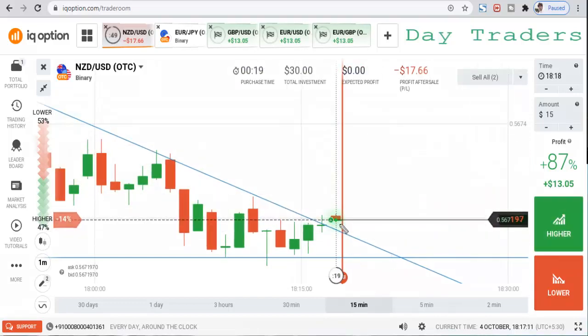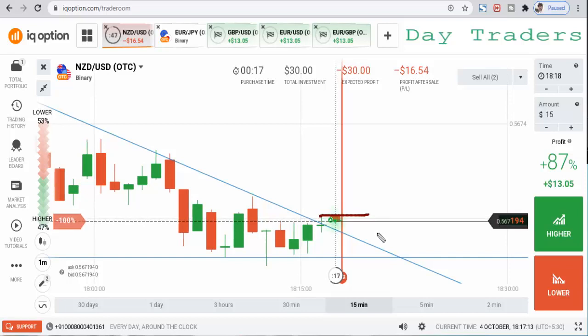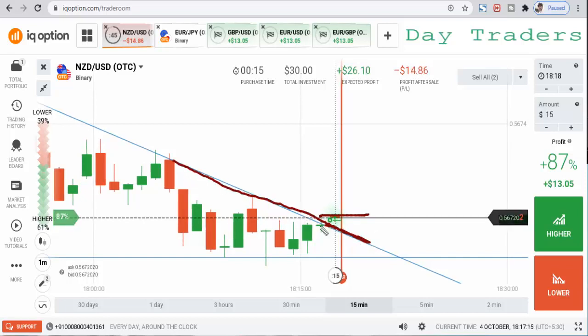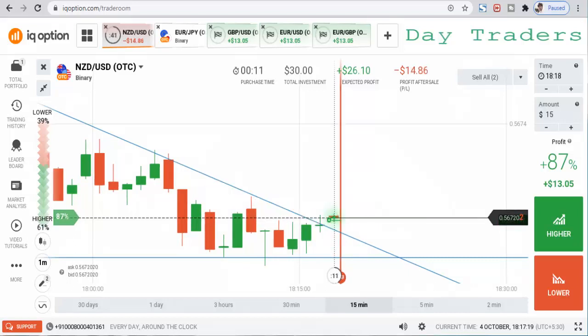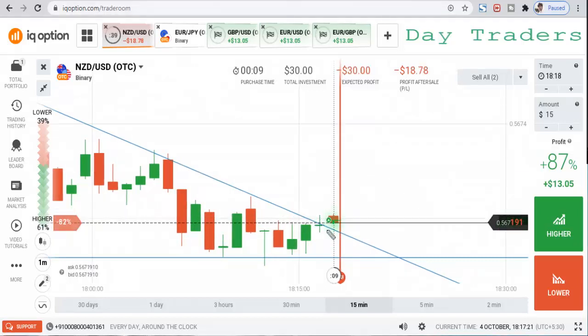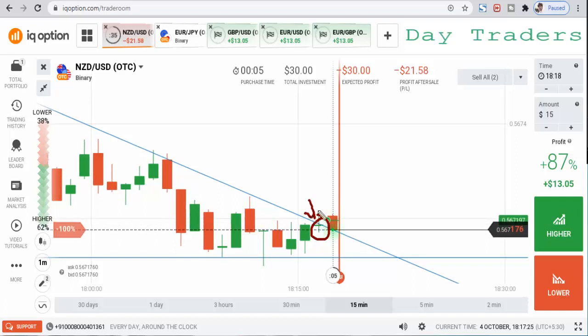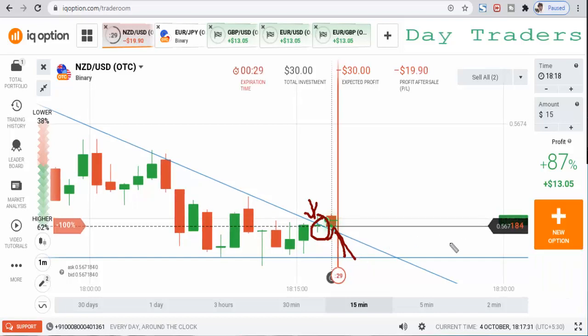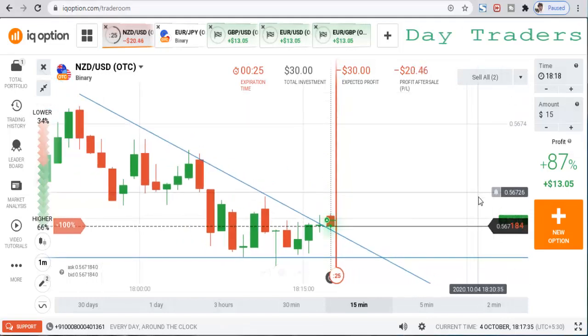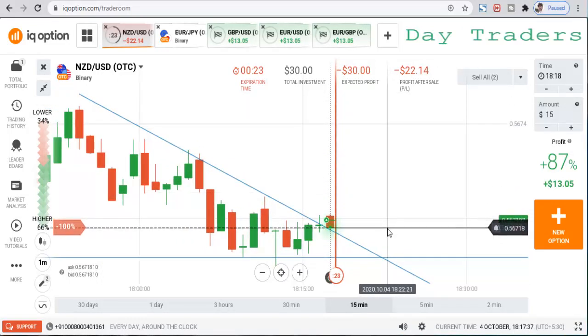This candle's opening point is at the support level after this breakout. This is a continuation sign, so that's the reason I will place a higher option. There is no seller's entry. Why? Because there is no interest from the sellers, so that's the reason I will place a higher option for 2 trades. But it makes a retracement candle.